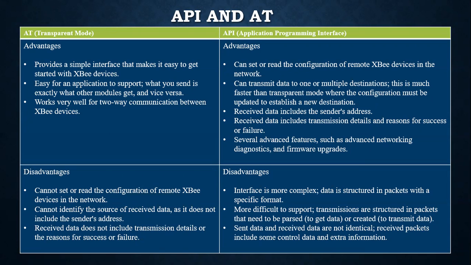I will be doing some demos personally to show how the API and AT are useful for the Zigbee devices and how we can also use this for our project.